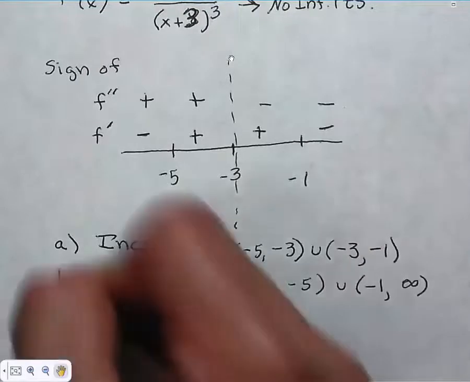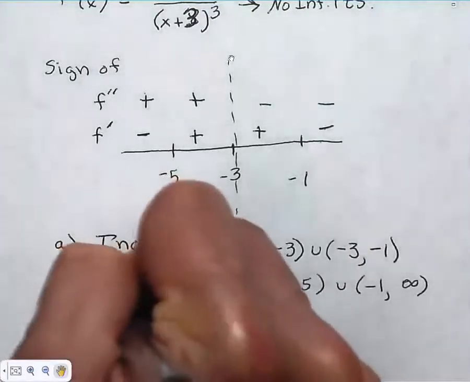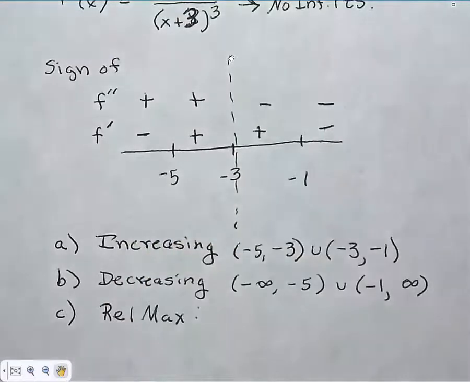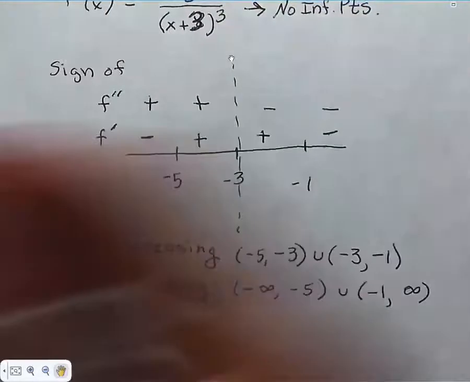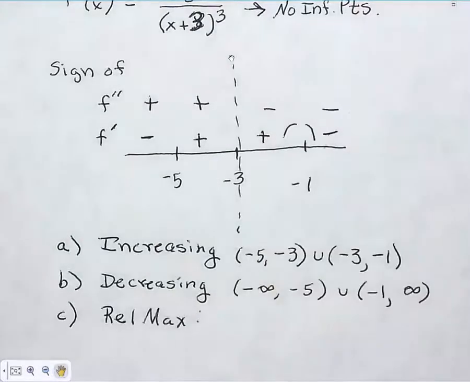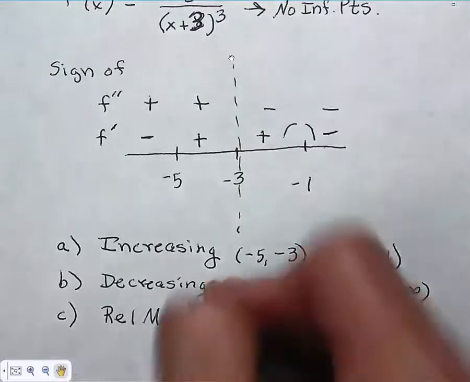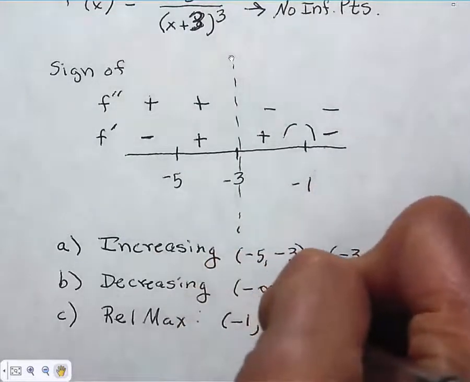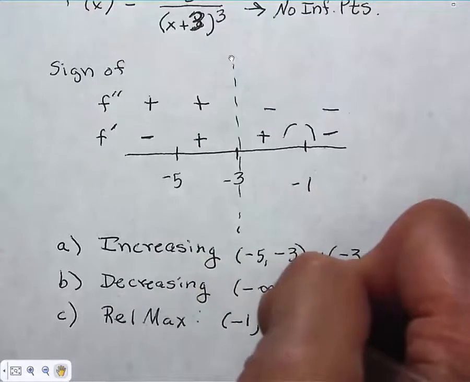C part is relative max. Is there a relative max? Wherever the function goes from increasing to decreasing, and that's at negative 1. Negative 1, and I'll just tell you when I put negative 1 into the original function, I got negative 2 for y.